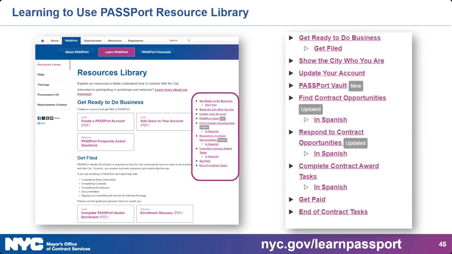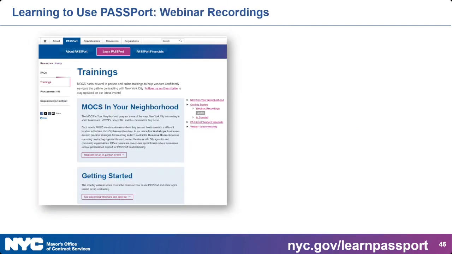Most of the information about subcontracting will be found in the Respond to Contract Opportunities section. Remember to visit the Trainings tab on nyc.gov/learnpassport. There you'll have the opportunity to sign up for future trainings and see webinar recordings.